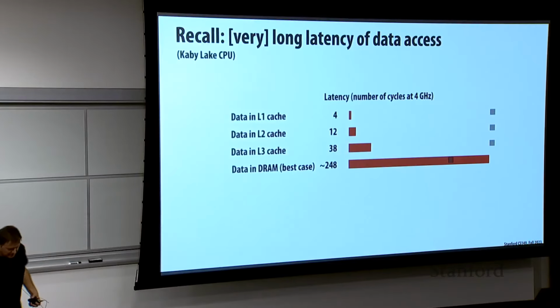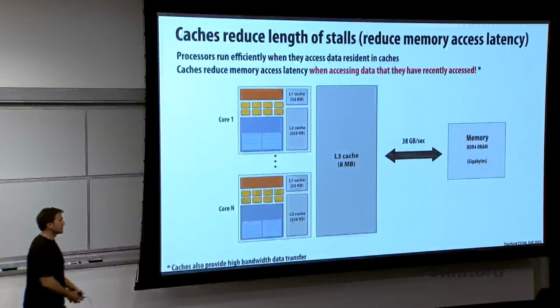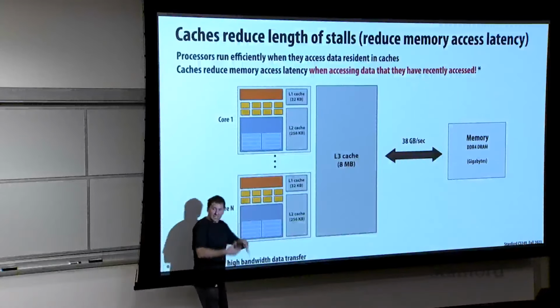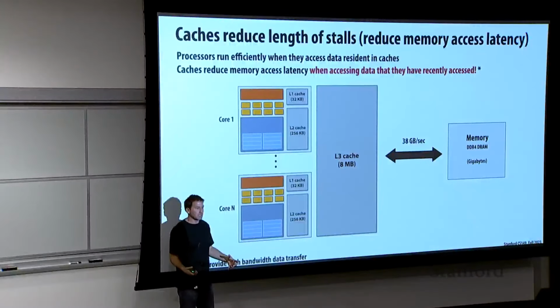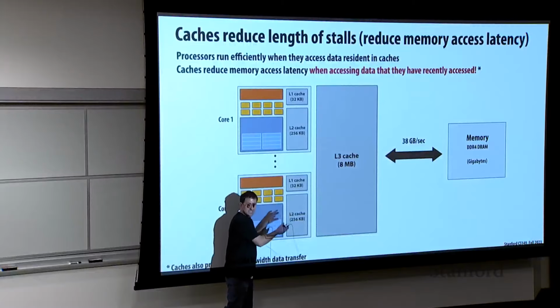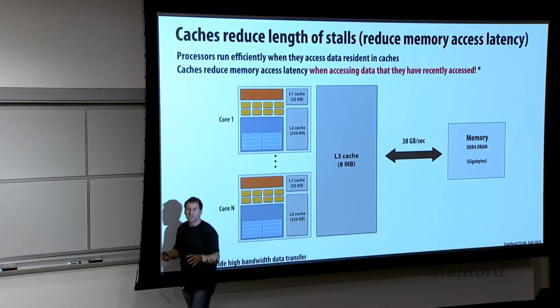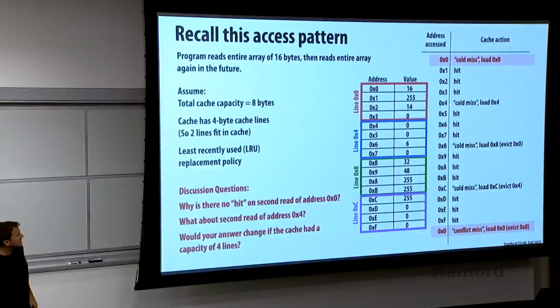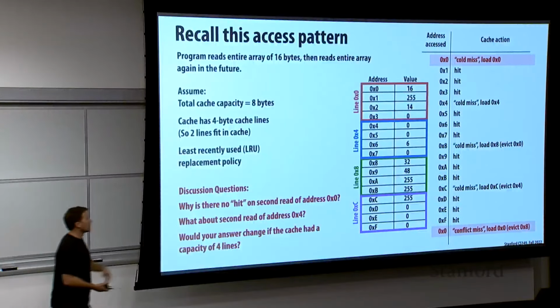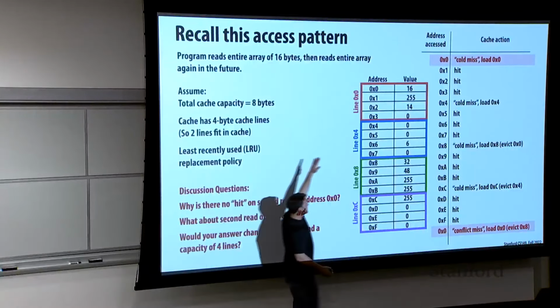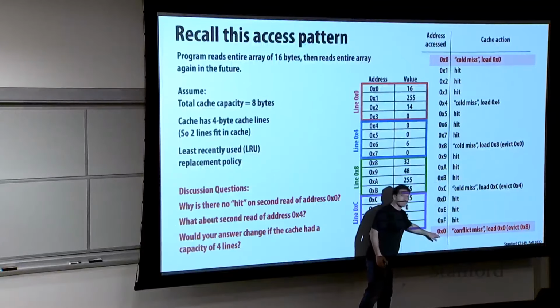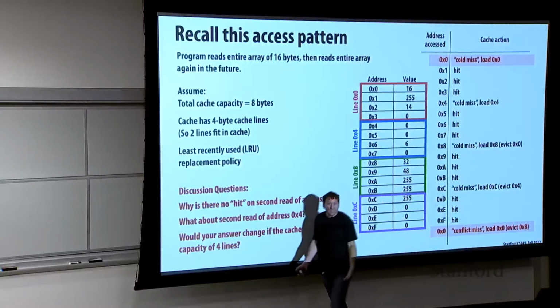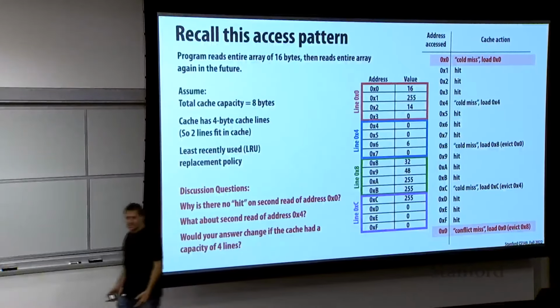And I also told you a little bit about, one of the major hogs of resources in a modern chip is putting these big caches everywhere you can in order to avoid stalls due to memory, right? And we talked a little bit about this access pattern where even though it was really predictable and going right through the array, when we came back around, we still missed. We still missed, even though.